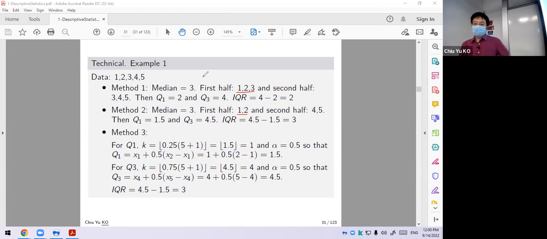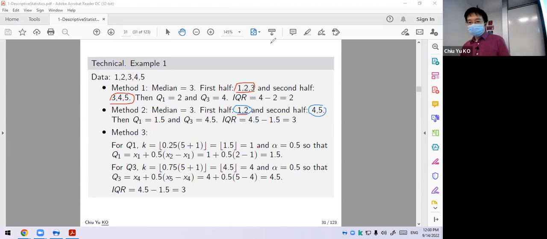And the second half in method 1 will be 3, 4, 5, okay? And if you do method 2, you don't include 3, okay? So that's the main difference between these two methods: whether the median is included or not.